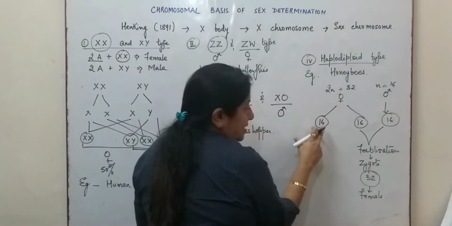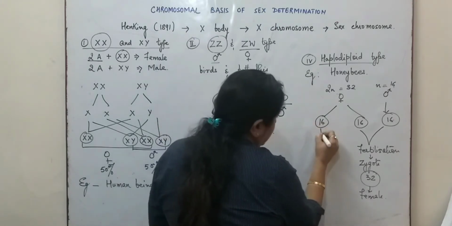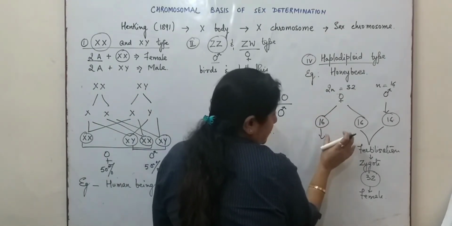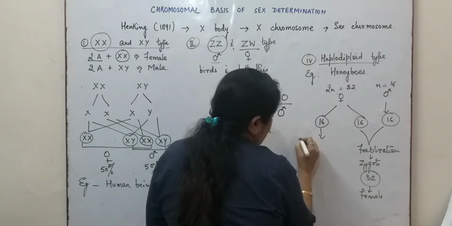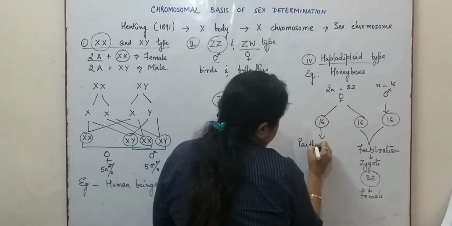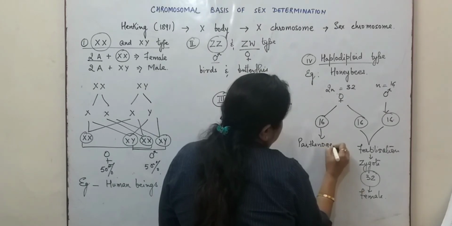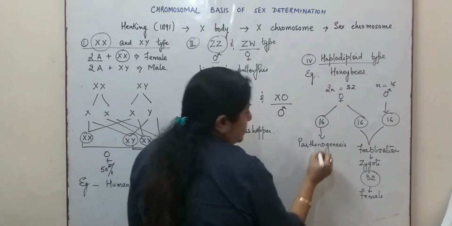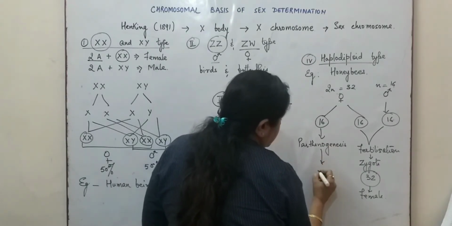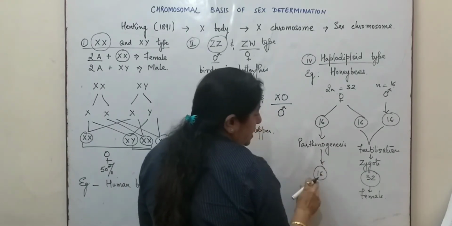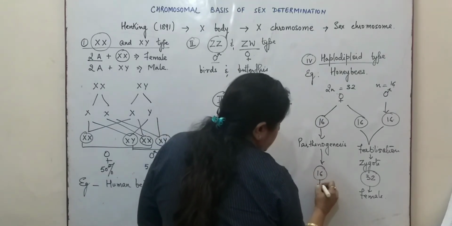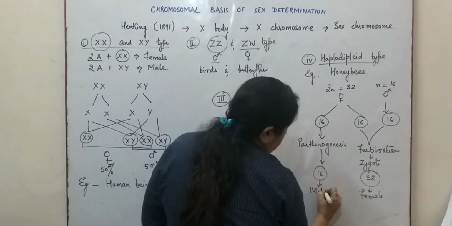Now here this gamete is not fusing with another gamete, and so through parthenogenesis, that means development of an individual without fertilization, it will result in a progeny having 16 chromosomes, and as a result this will develop as a male.